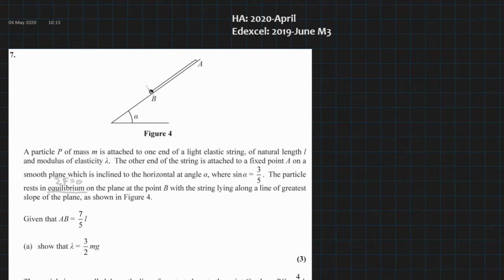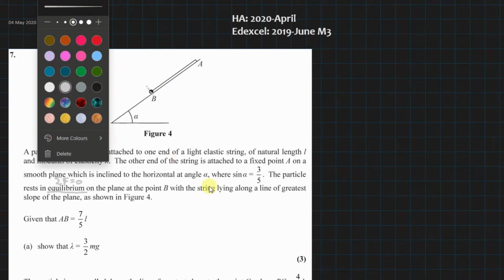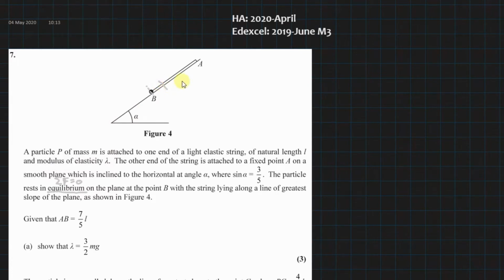First thing to notice is there is an extension. The actual natural length is here.